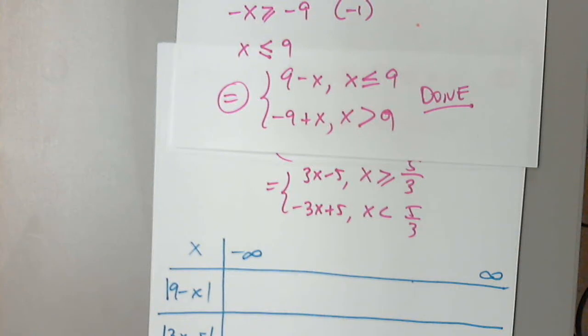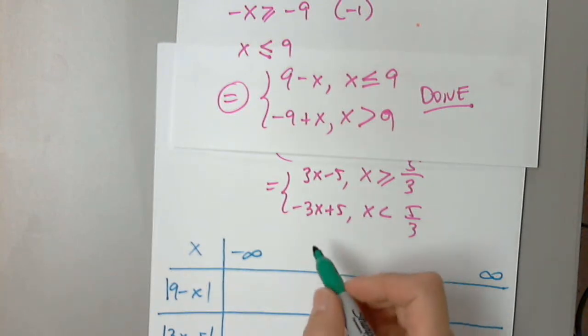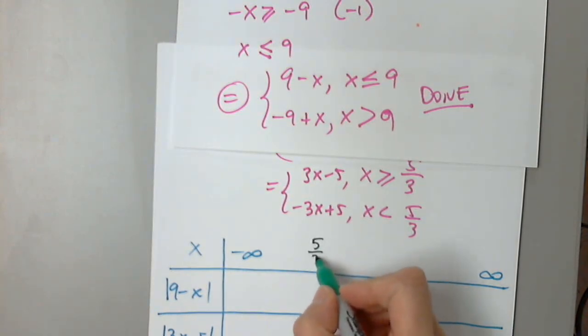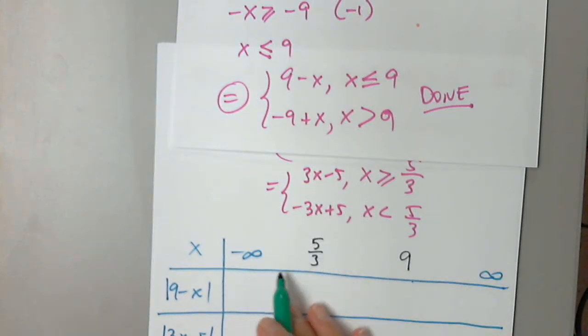That expression changes from 9 minus x to negative 9 plus x at 9. And something major happens at 5/3. The second expression changes from this to this at 5/3. The numbers have to be in ascending order. Which number is the first? Of course. And the next one is 9. Please remember they have to be in ascending order.